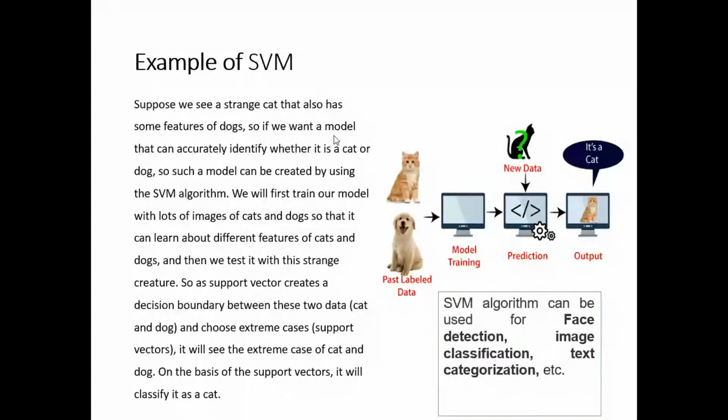When I read the word model, what should I understand? Model in terms of a car, or a bike model, I can understand. When I'm saying we want a model that can accurately identify whether it is a cat or a dog, it means that when we train our program, it can create its own understanding of data.